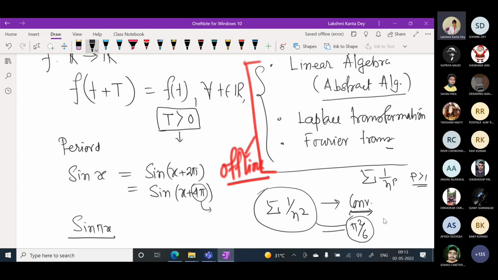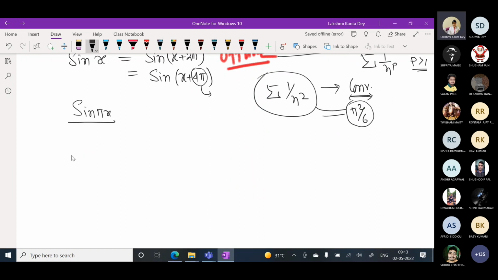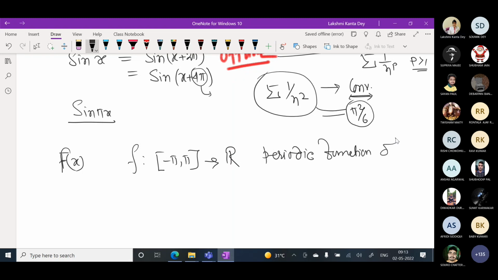Suppose f is a function, and initially we define the function whose domain of definition we assume to be minus pi to pi, and the function is real valued. So our starting assumption will be: small f from minus pi to pi to R, and this is a periodic function of period twice pi, the length of the interval of the domain of definition.